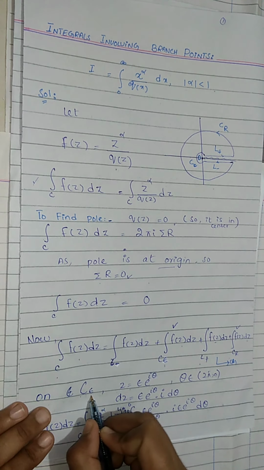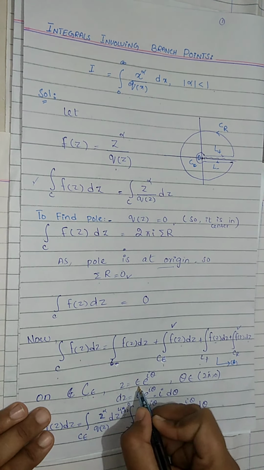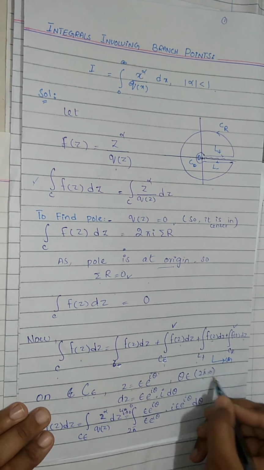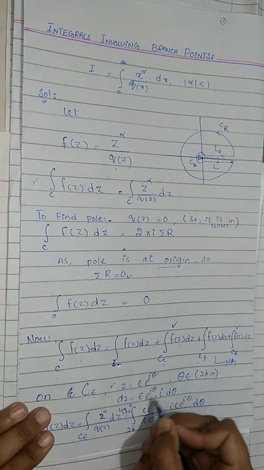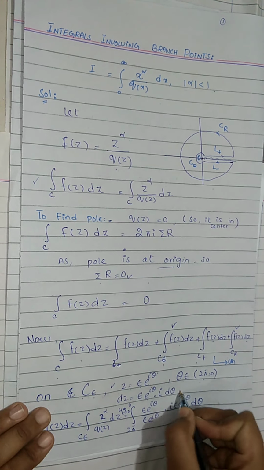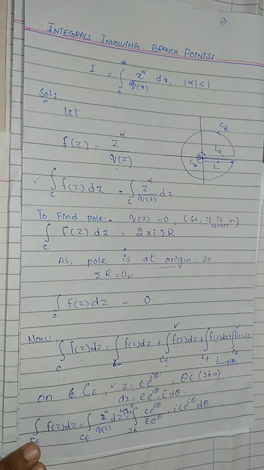Now we discuss the contour along C epsilon. On C epsilon, z is equal to epsilon e raised to i theta, and theta goes from 2 pi to 0. Differentiating, we have dz is equal to i epsilon e raised to i theta d theta. Just put the value of z.